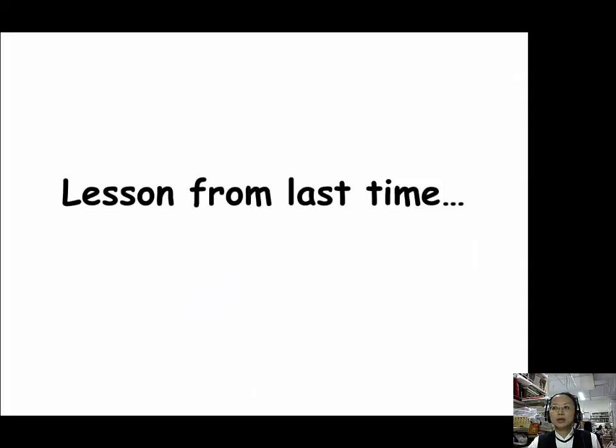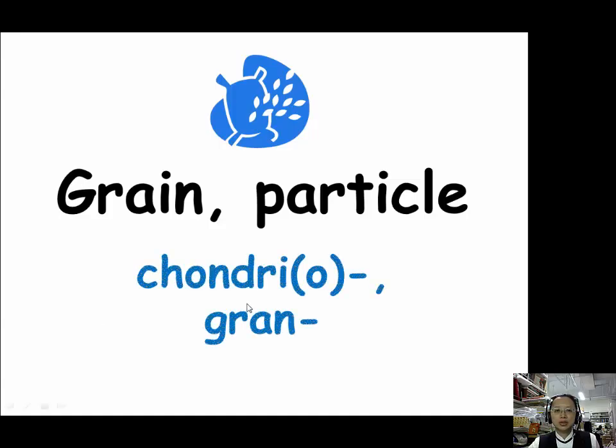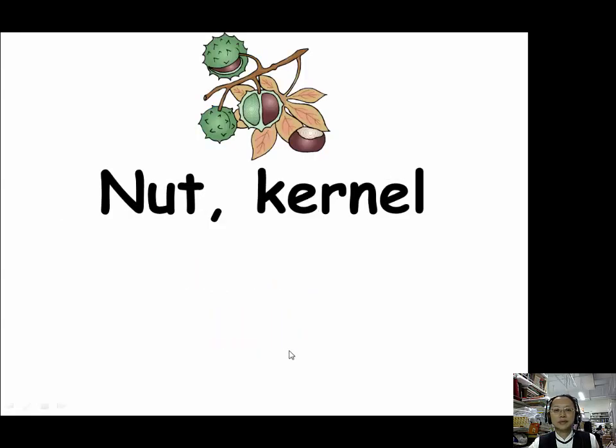In this part, we are still learning prefixes and suffixes regarding shapes. We still need to review what we've learned last time. For describing things that are shaped like a grain or a particle, we use chondrio, C-H-O-N-D-R-I-O, or grain, G-R-A-N.